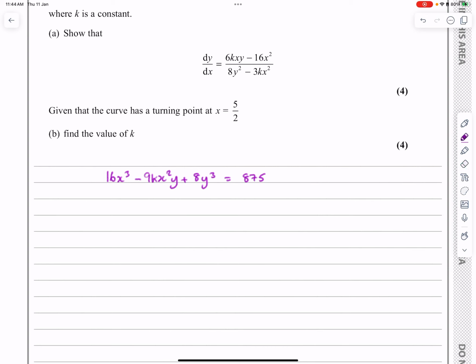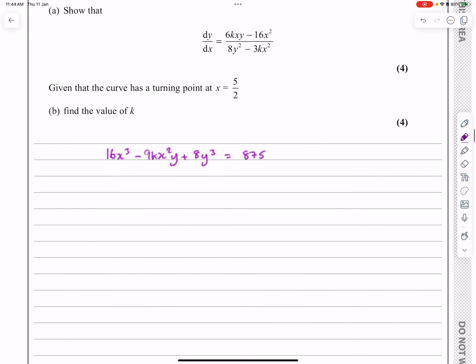So I wouldn't necessarily do it like I'm showing you here, but just to make sure that you can see. If we just take the minus 9kx squared y, we could think about that as being u and that as being v, and then we differentiate that as a product. So if you're differentiating a product, you do u dv by dx plus v du by dx.